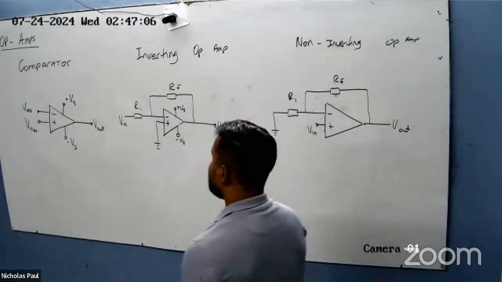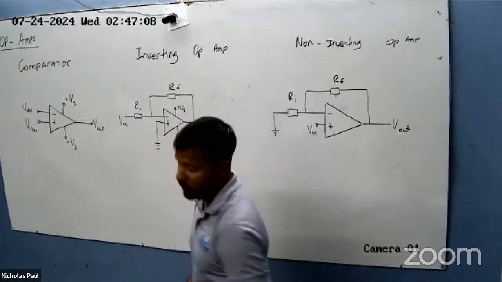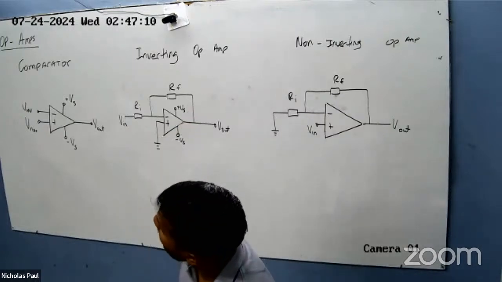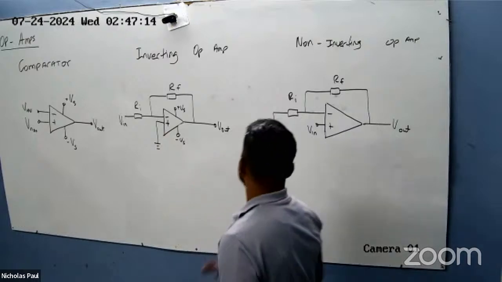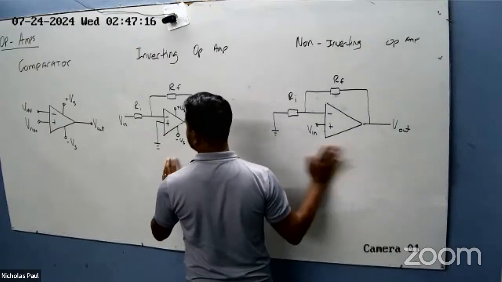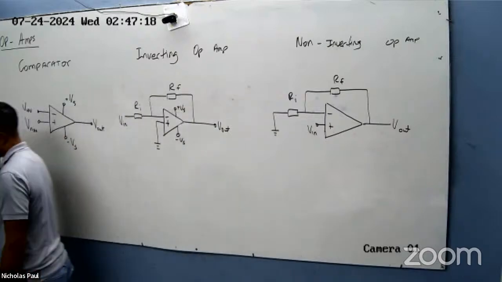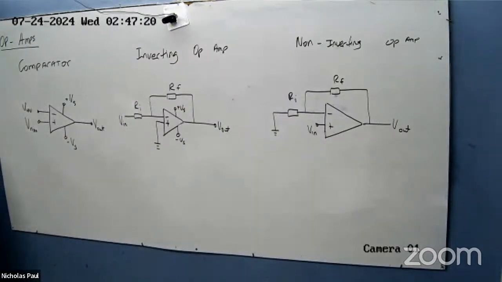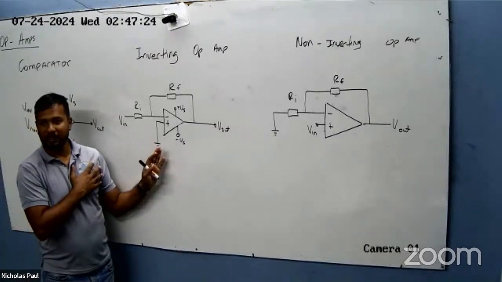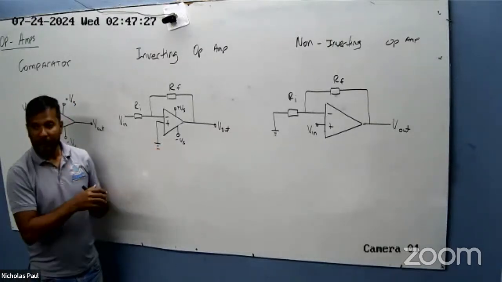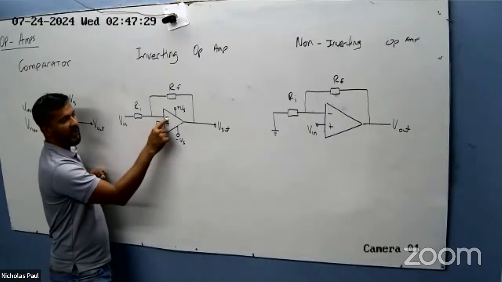As we said, these two have a lower gain. And I'll show you what it will do. One thing I want you to notice here: the input is run through the inverting terminal.